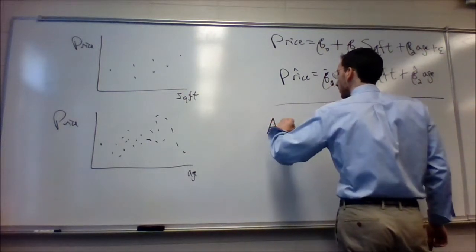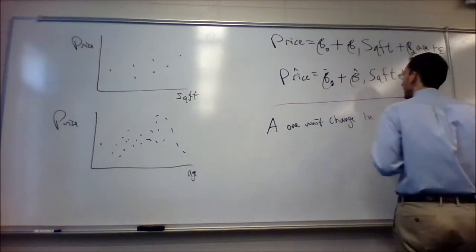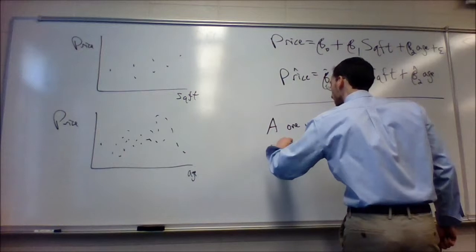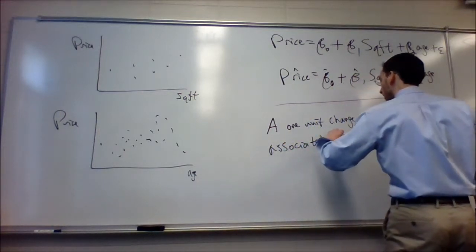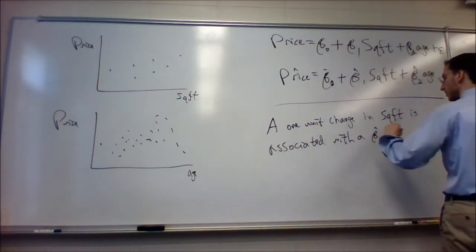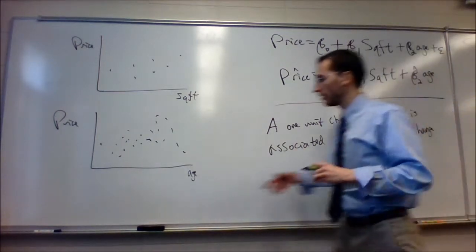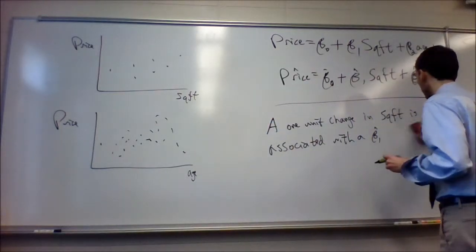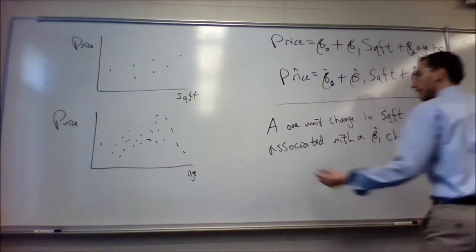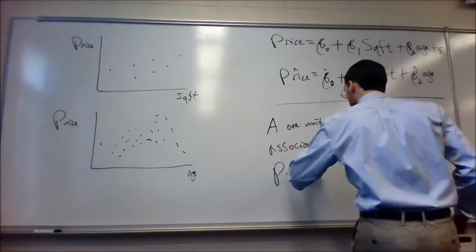So a 1 unit change in square feet is associated with a beta 1 change in price, on average.